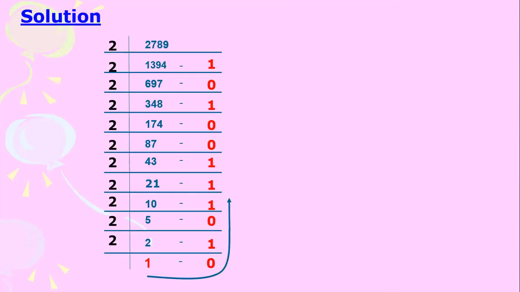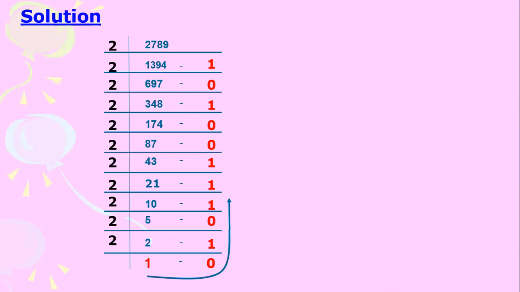So the first step is you convert 2789 decimal to its binary equivalence. And you do this by continuously dividing the number by 2. So you first divide 2789 by 2.